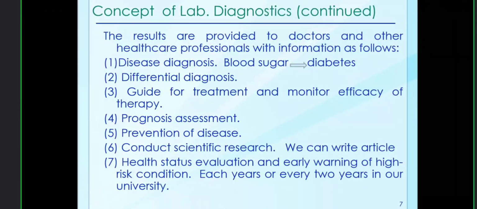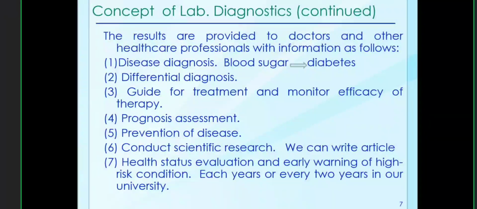These results are provided to doctors and other healthcare professionals with information as follows. First one, laboratory diagnosis. The results of the laboratory diagnosis are for the disease diagnosis. For example, we can test the blood sugar for the diagnosis of diabetes mellitus.